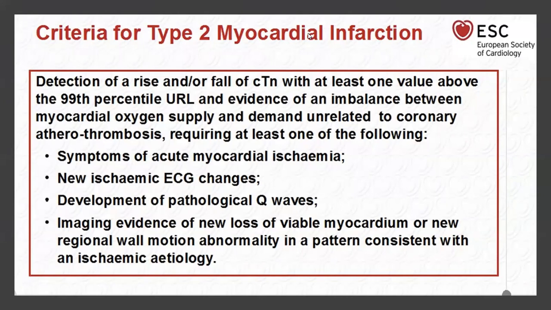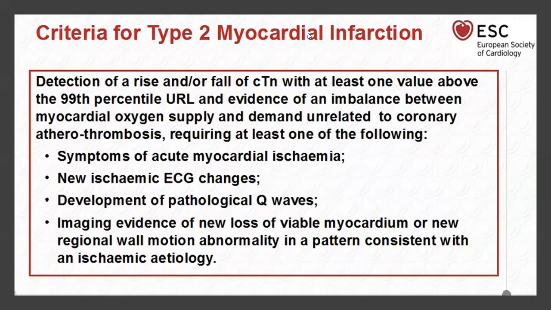And the patients must have one of the following: if they're symptomatic, if there are new ECG changes that are suggestive of ischemia, if there is development of pathological Q waves, and also if there is imaging evidence of loss of the viable myocardium. What we mean by that is any thinning of your myocardium, dyskinesia or akinesia when you are checking your echocardiogram, and regional wall motion abnormalities that can be consistent with an ischemic etiology.